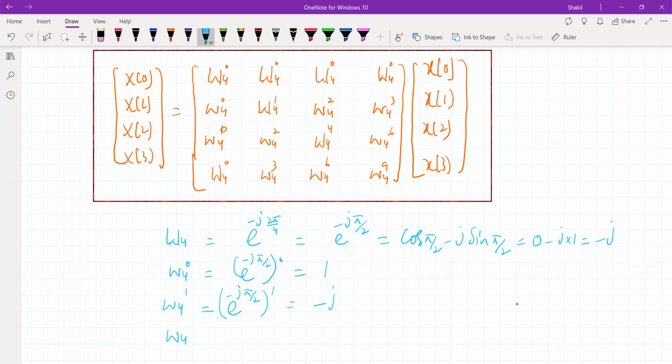And W4 raised to the power 2 is the same as minus j squared. j squared means multiplying j twice, so that will be minus 1. In the same way, W4 raised to the power 3 is minus j cubed. So that will be plus j.